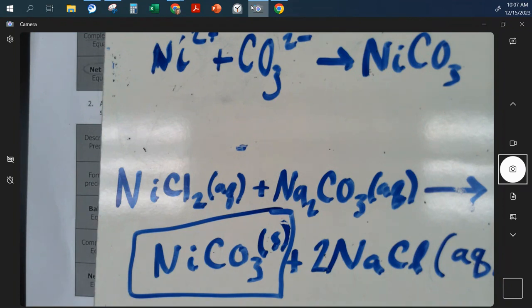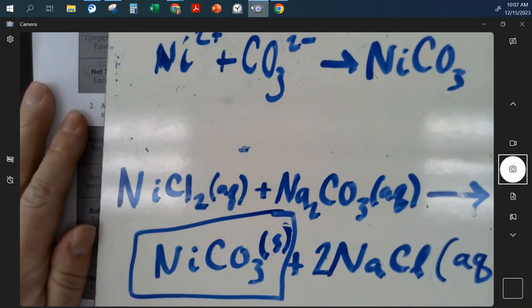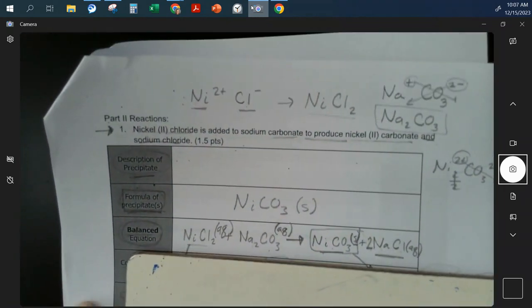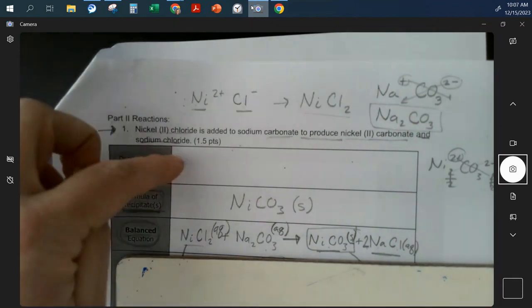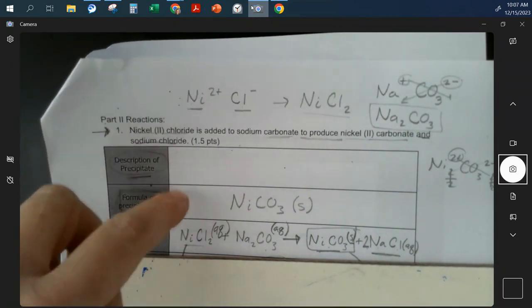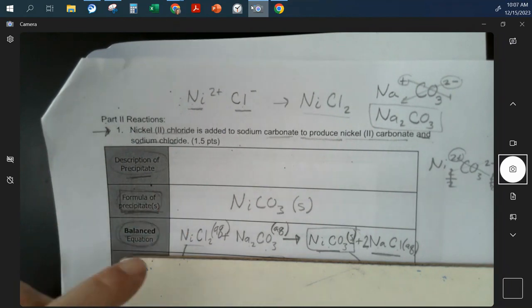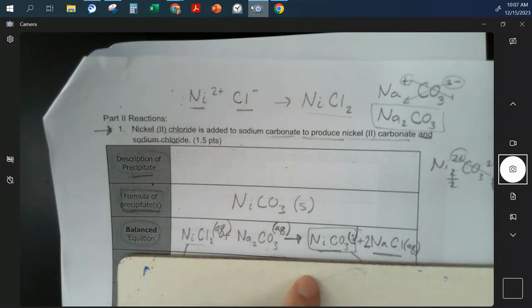Okay, any questions so far? Let me go back to this box. We are to here. Hopefully you have to do the observations in the lab. And then you have your precipitate, nickel carbonate, and then you have your balanced chemical equation.